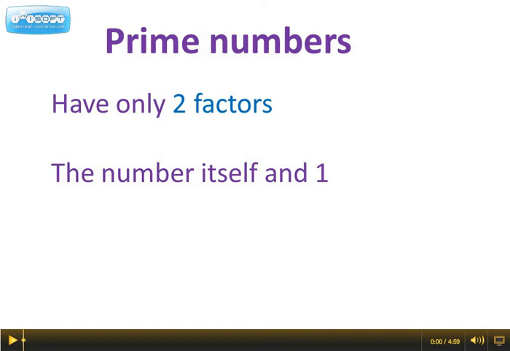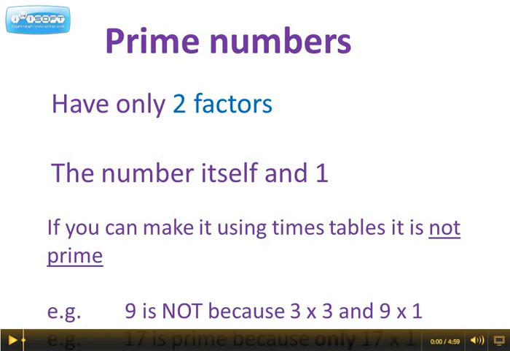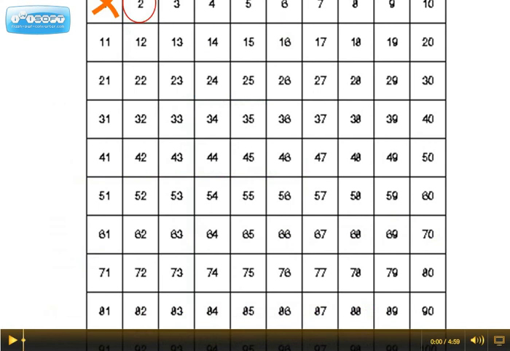And it's always the number itself and the number 1. So here's a quick example. 9 is not prime because I can make it using the times tables, 3 times 3 and itself and 1. So that is not prime. But the number 17 is prime because the only way I can make it is using itself and the number 1. And I'll show you this in a little bit more detail.